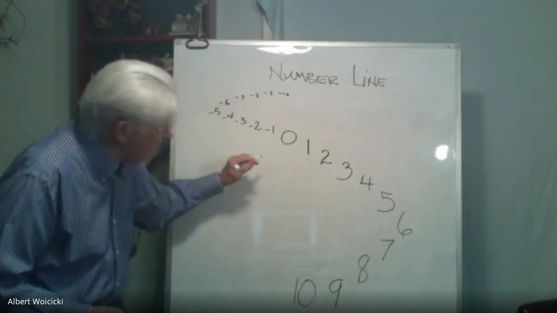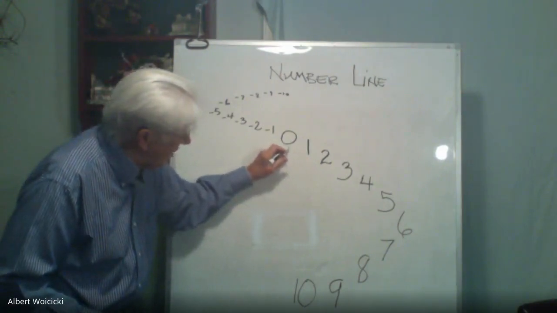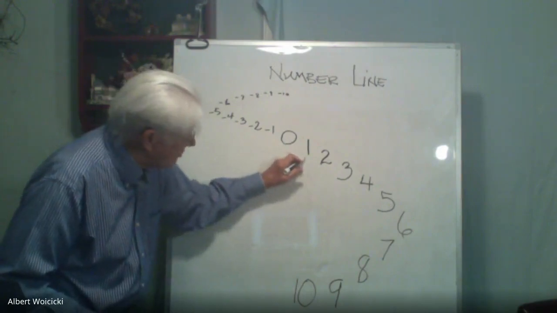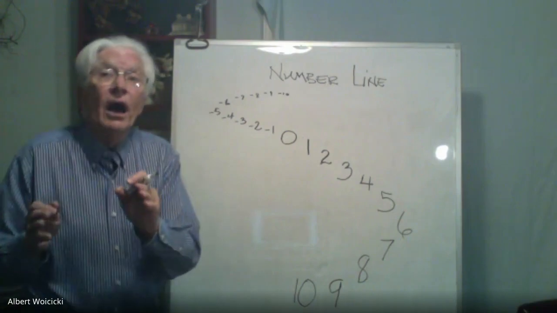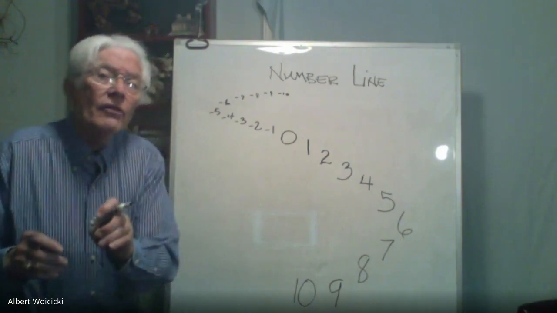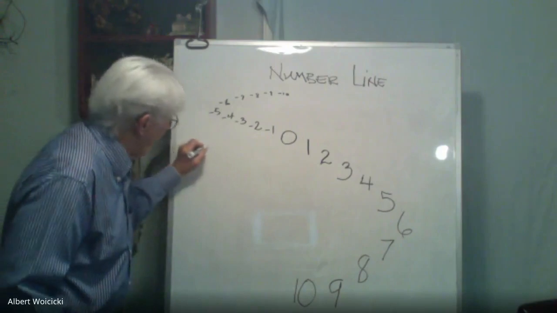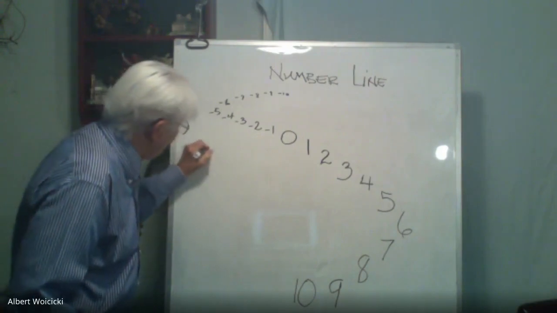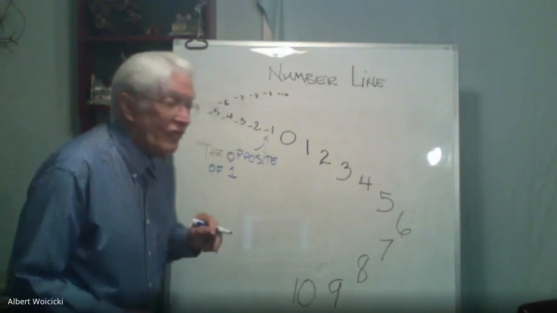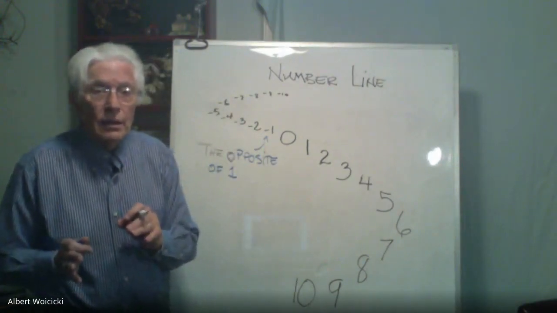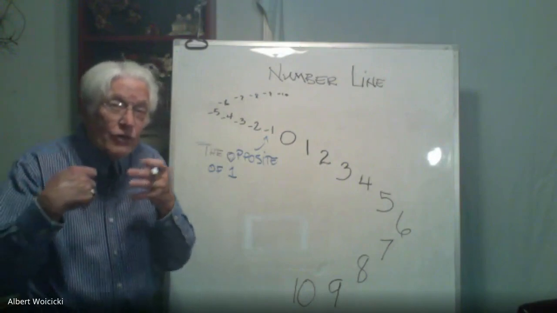So here we can look and recognize that 0 is an even number because it's between 1 and the opposite of 1. Call it the opposite of 1. It's what's happening on the other side of 0.